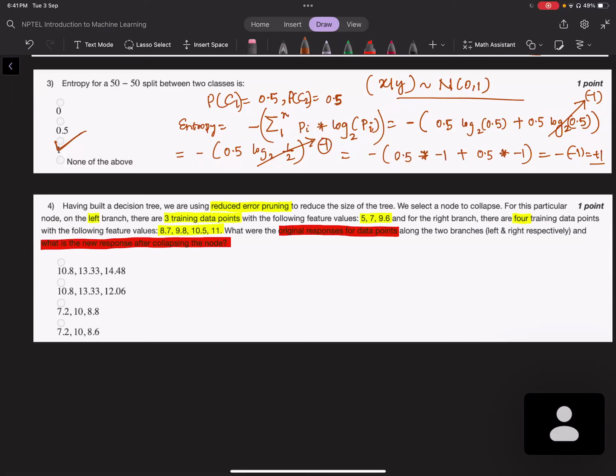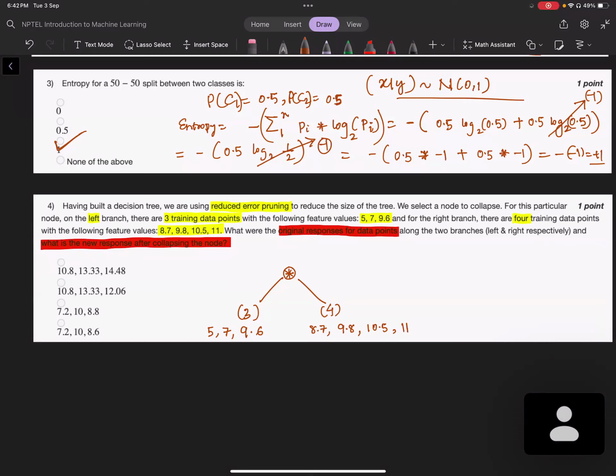So if I start solving it, this is my node of interest. On the left, there are 3 data points: 5, 7, and 9.6. On the right, there are 4 data points: 8.7, 9.8, 10.5, and 11.